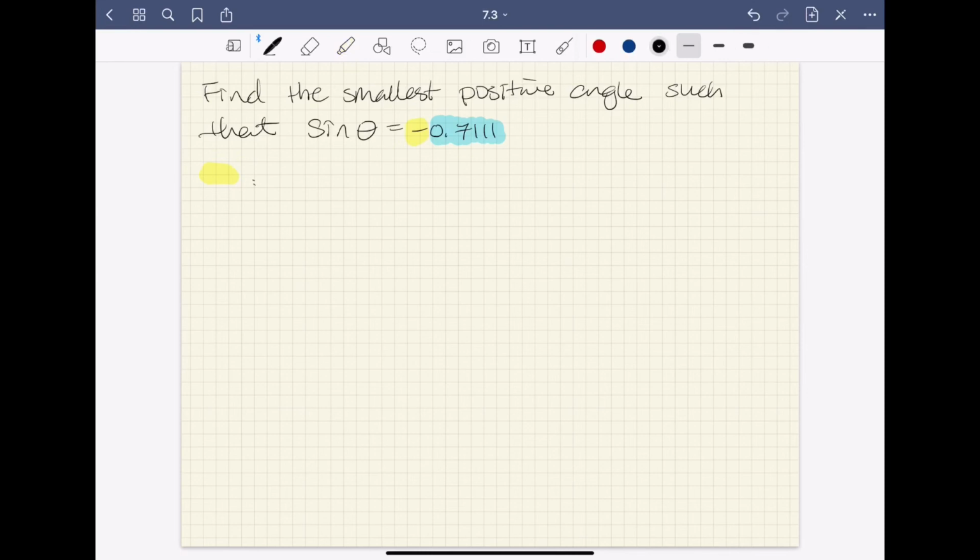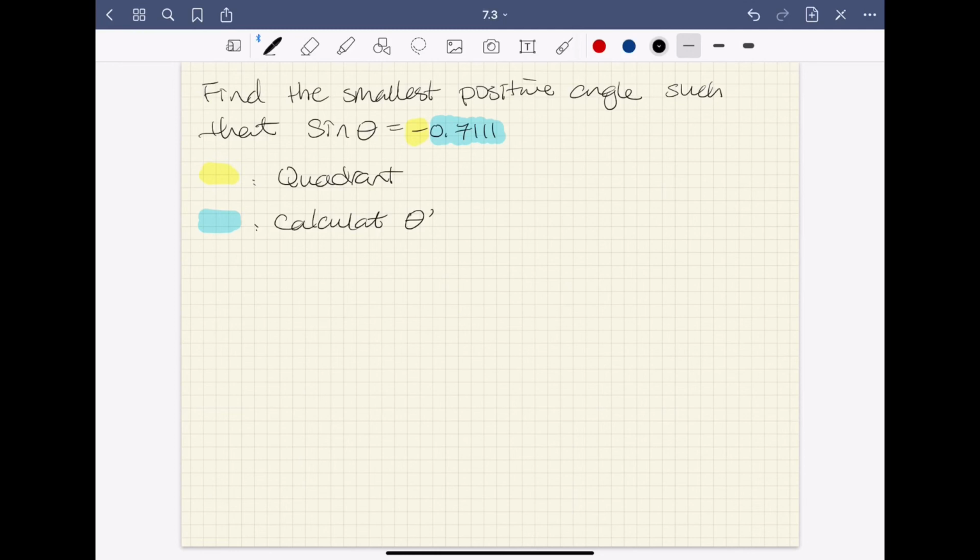The negative part tells us the quadrant. And the number part will help us to calculate the reference angle. We can calculate our reference angle using the blue part.